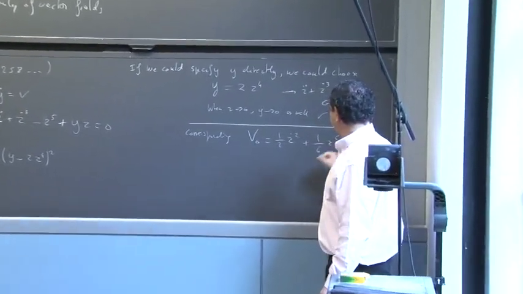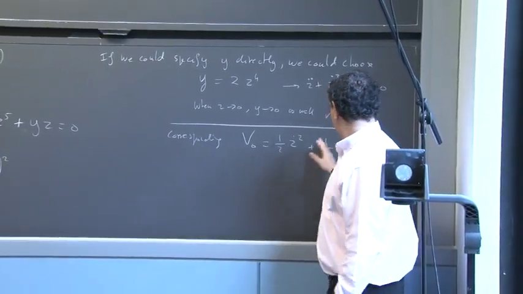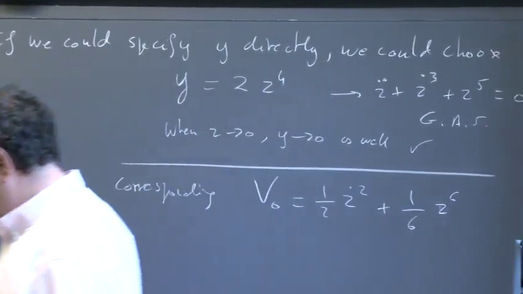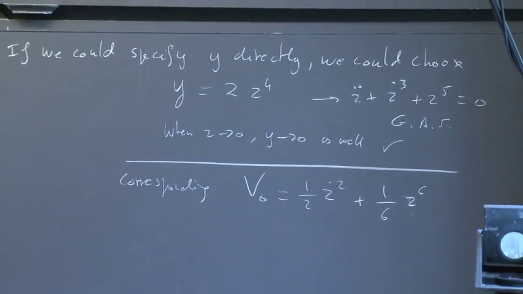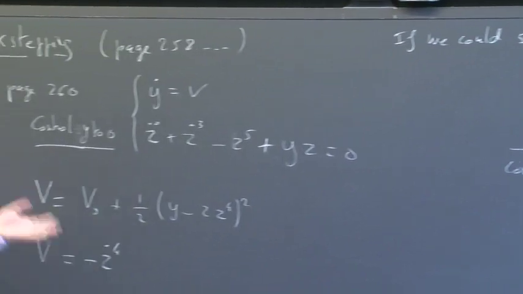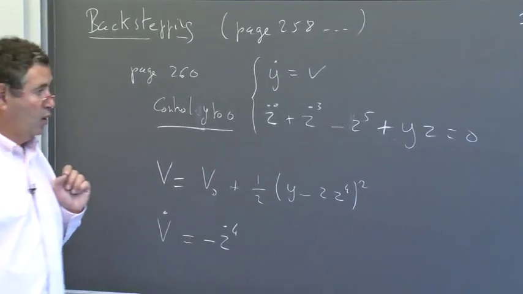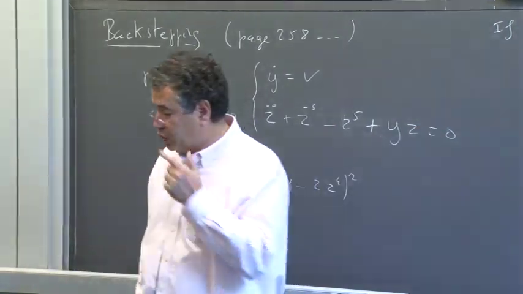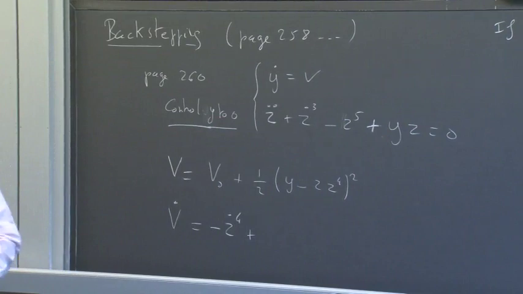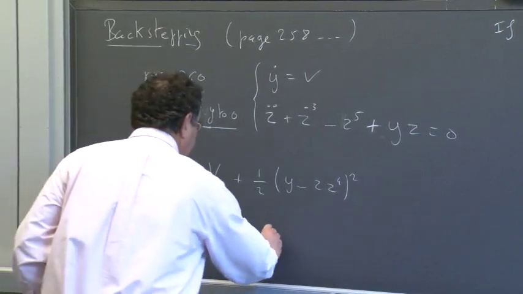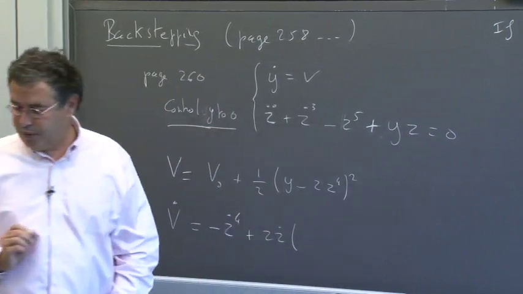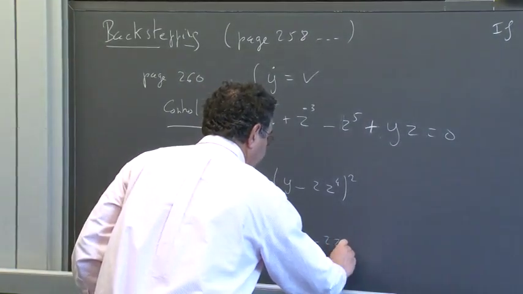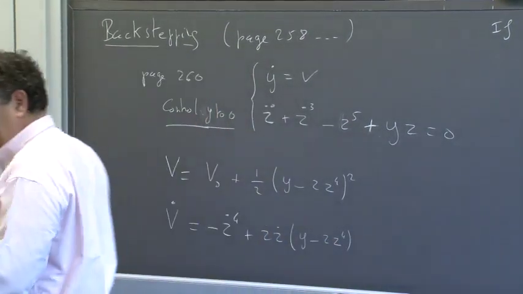If we just computed V0 dot, there's not an x, of course, it's a z here, we would have simply the damping term minus z dot to the 4. But of course, we have an extra term, and if we compute this extra term, we'll find that it's equal to z z dot times a term which is, not surprisingly, proportional to y minus 2z to the fourth. So that's V dot 0.